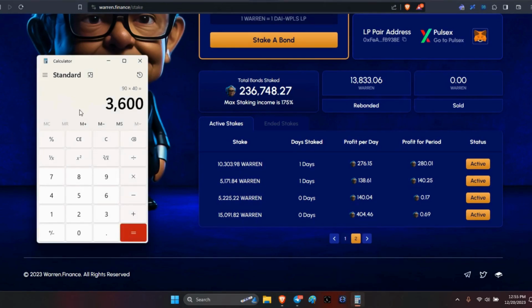Okay, so now we got 404.46 plus 140.04. Yes, I count all the decimals. Plus 138.61 plus 276.15 plus. So now we need to go back to the other page.